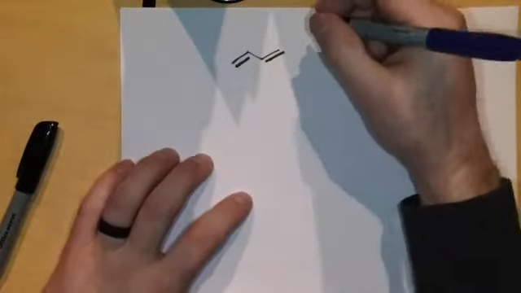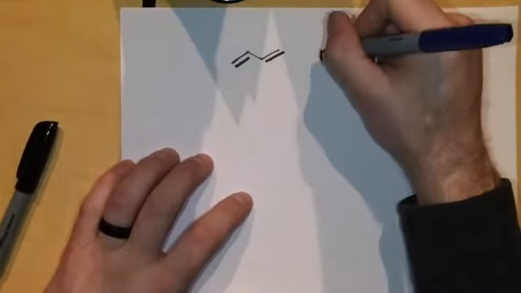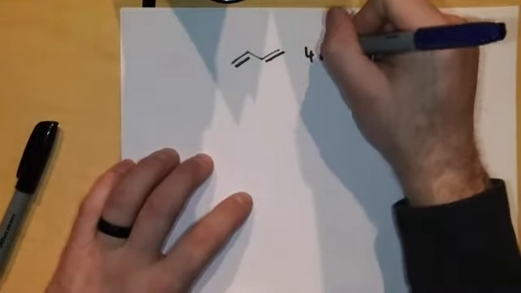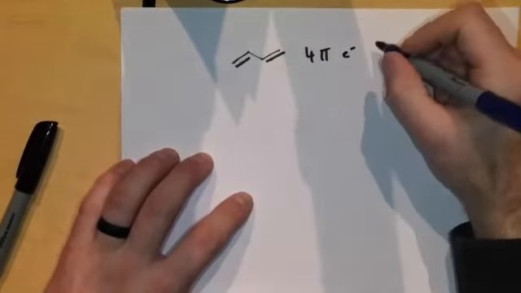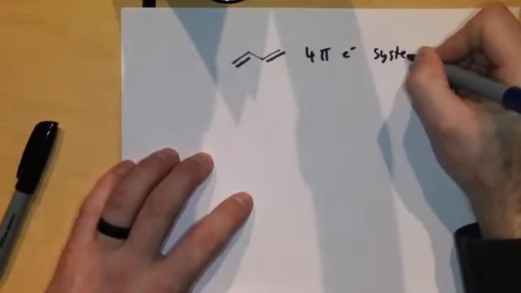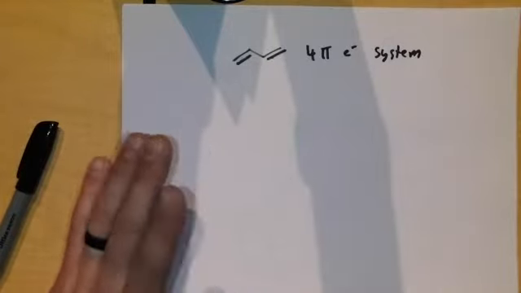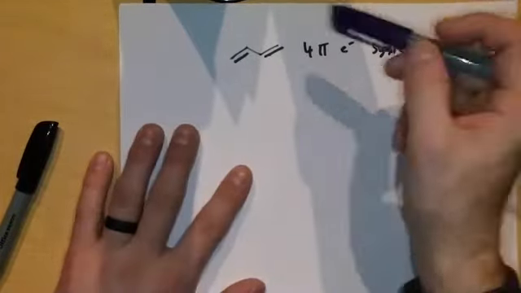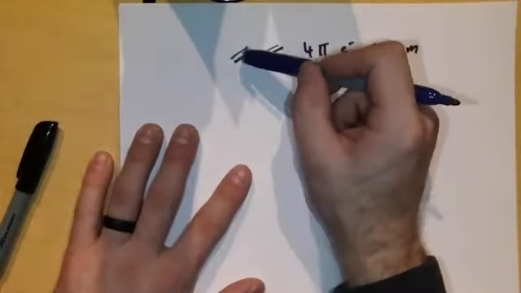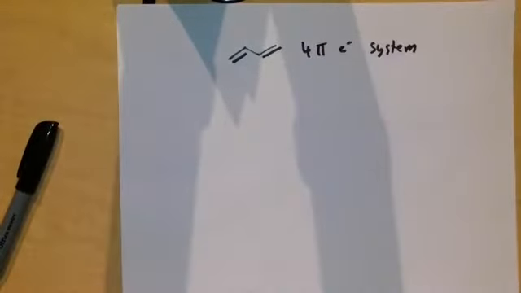This is what's called a 4 pi electron system. And all that really is, is the number of double bonds times 2. So each double bond has 2 electrons in it. We have 2 double bonds, so that's a total of 4 pi electrons here.